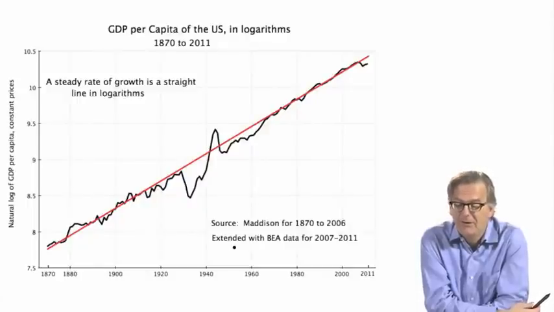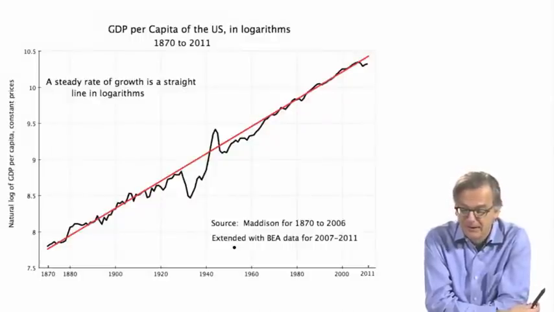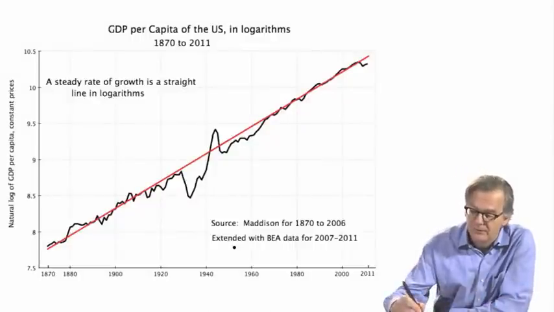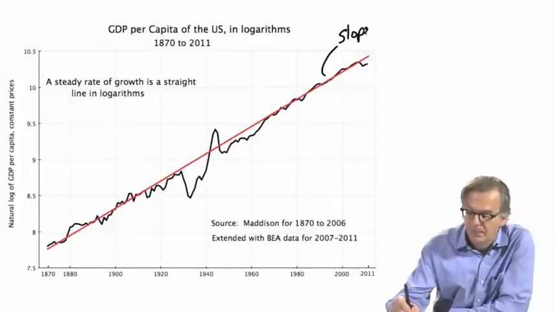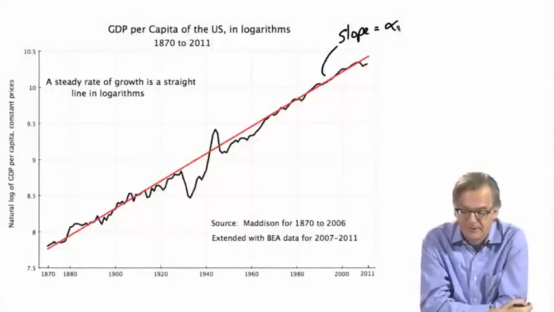And you can see that it no longer has that curved exponential shape, but it now looks much more like a straight line. And that's really important. The slope of that straight line is going to equal the growth rate.